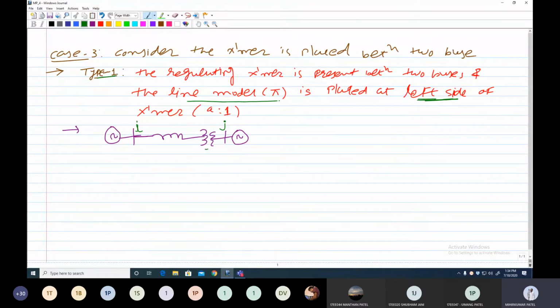We can see the transformer is connected at the jth bus and the line model is placed at the left side of this transformer.